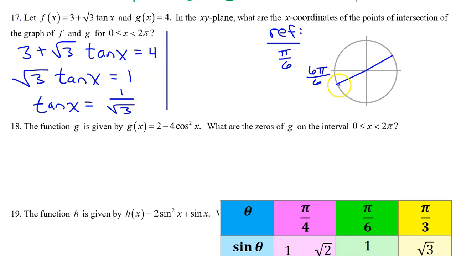Therefore, this angle in the third quadrant is 7 pi over 6. In the first quadrant, the angle with a reference angle of pi over 6 is pi over 6 itself. So these are the x-coordinates of the two intersection points.